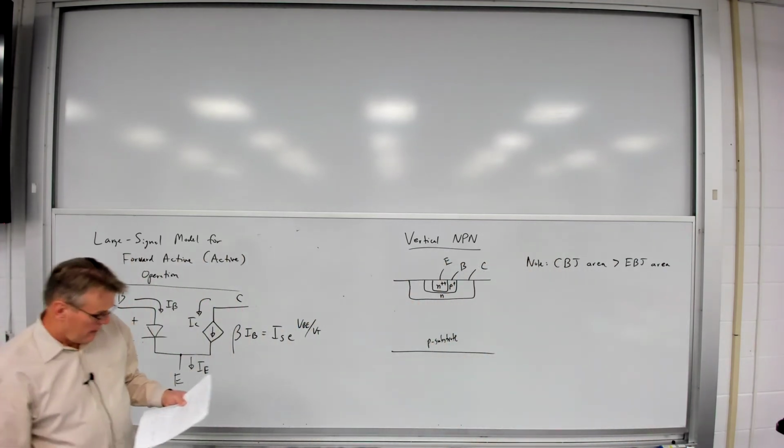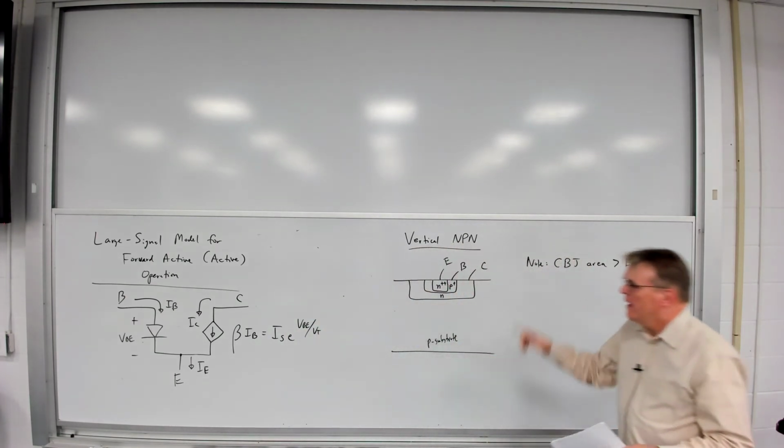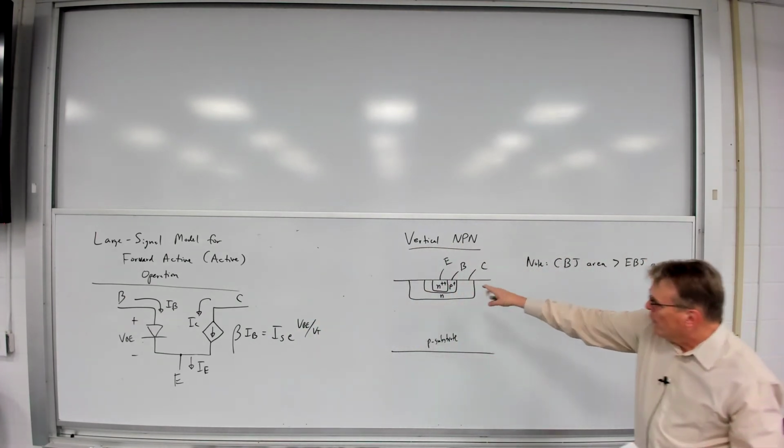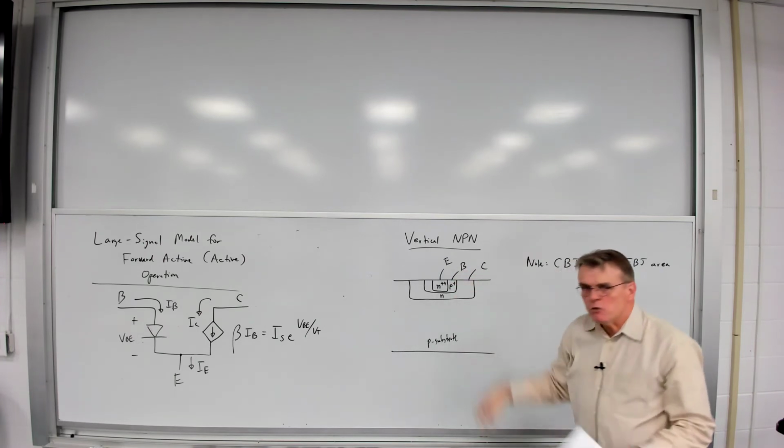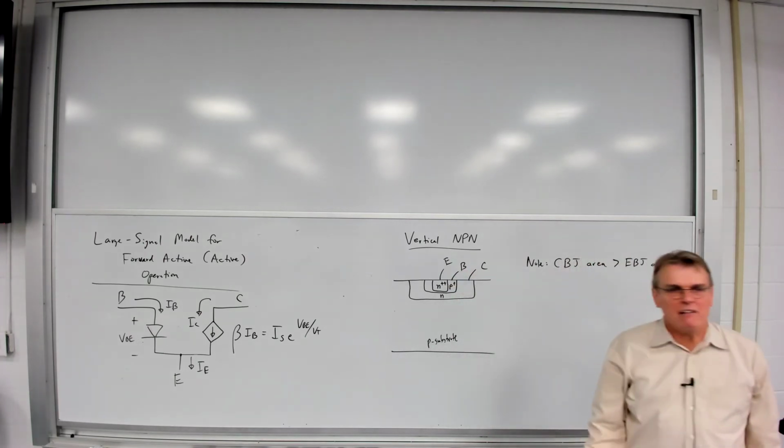All right? So, as we mentioned before, because of the asymmetry of these structures, the emitter and the collector can't really be swapped.